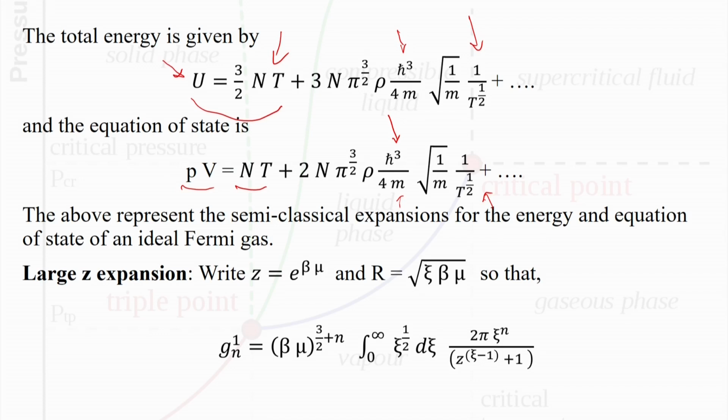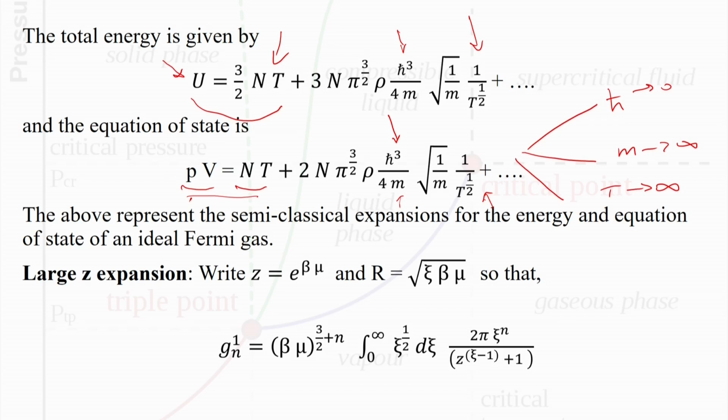So, you can recover the classical equation of state using any of these three methods. You either make h tends to 0, or m tends to infinity, or T tends to infinity. All these three are equivalent and they all make this thing go to 0, and you get back your classical equation of state.